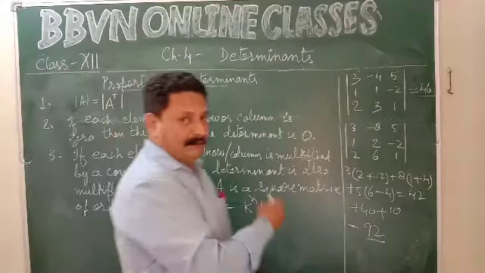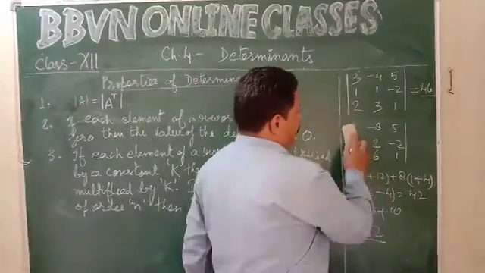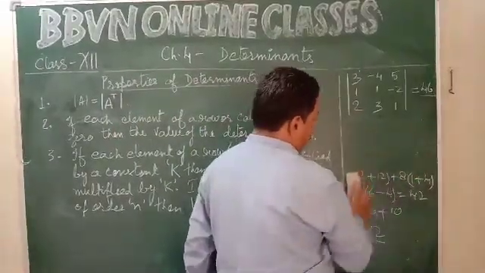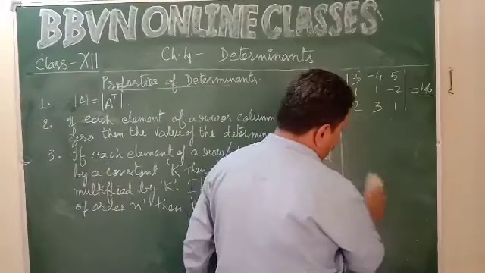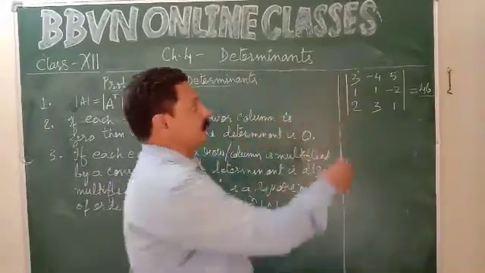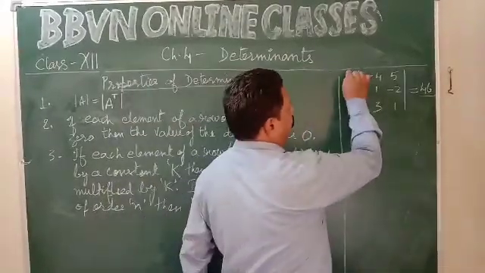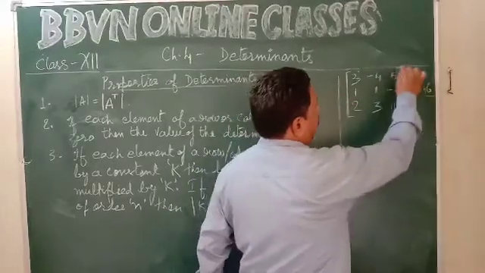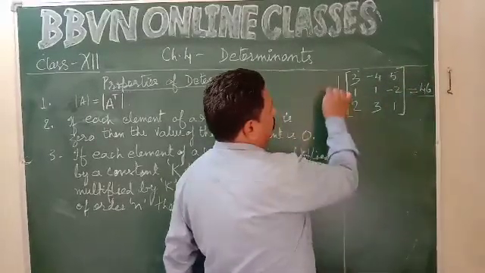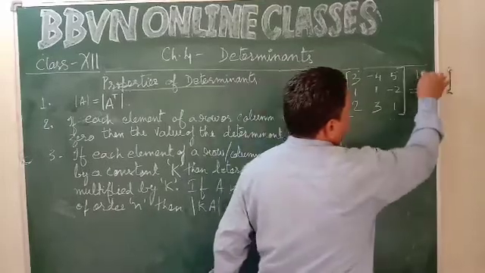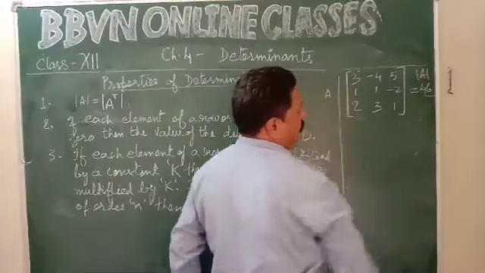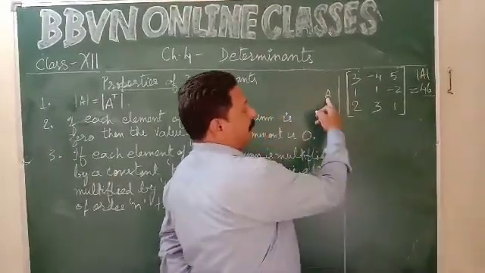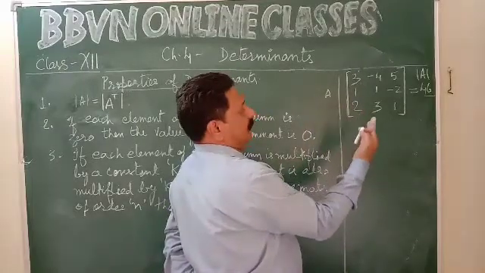Now second part of the same property, if I multiply every element of this matrix by a constant quantity k. Say I consider this as a matrix A. And determinant A is how much? 46. Now I multiply matrix A by a constant quantity, scalar quantity k.